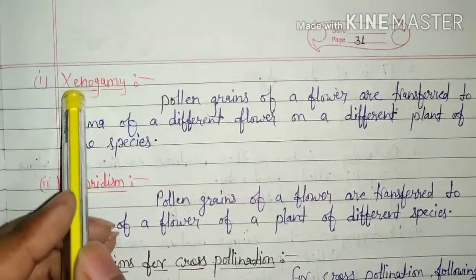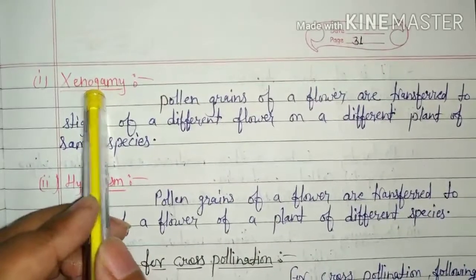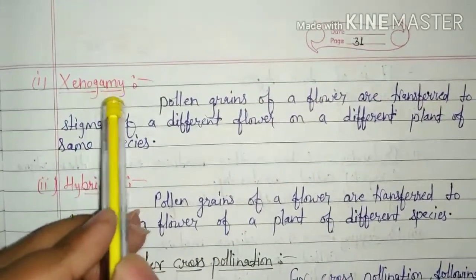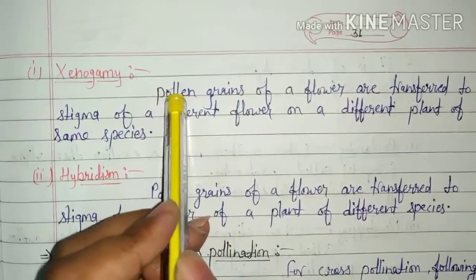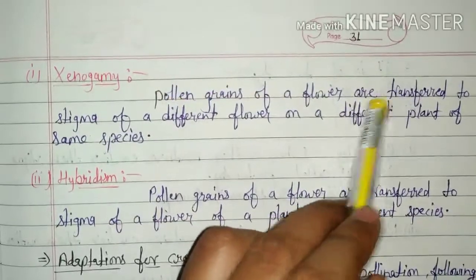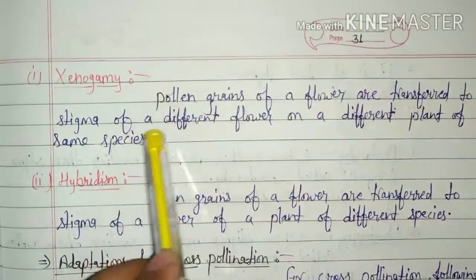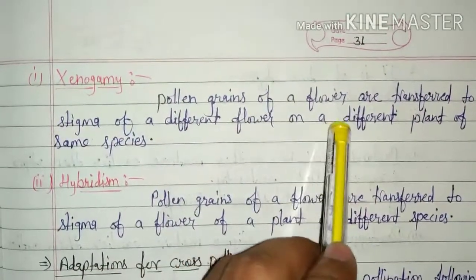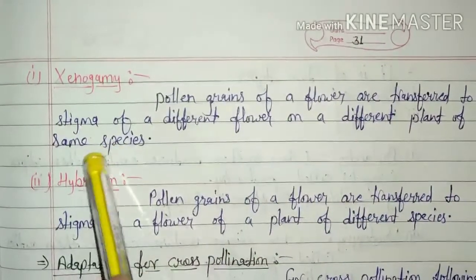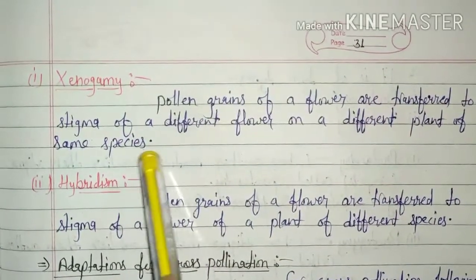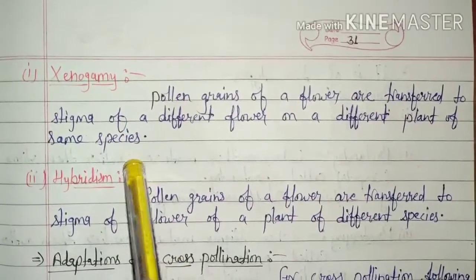Now, the first type of cross-pollination is xenogamy, when pollen grains of a flower are transferred to the stigma of a different flower on a different plant of the same species. This is called xenogamy.